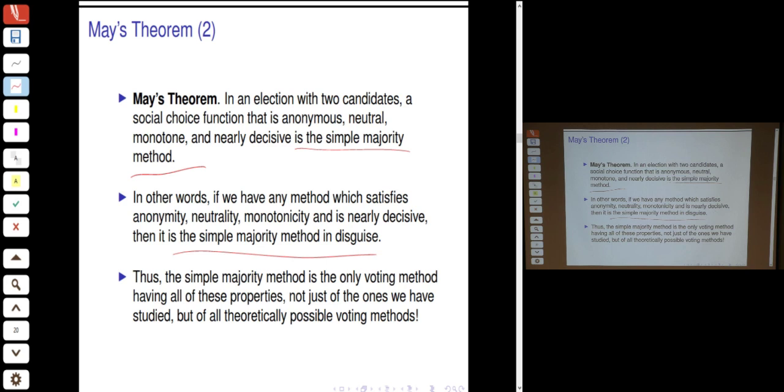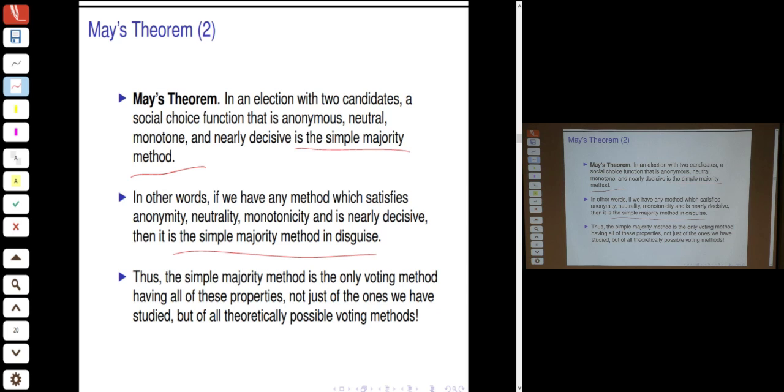Maybe you are taking your voting sequence and doing a lot of mumbo jumbo and spitting out a winner, and you say that you have a very new method. Then May's theorem will step in and tell you that you might be doing a lot of complicated steps, but at the end of the day, you are just doing the simple majority method in disguise.